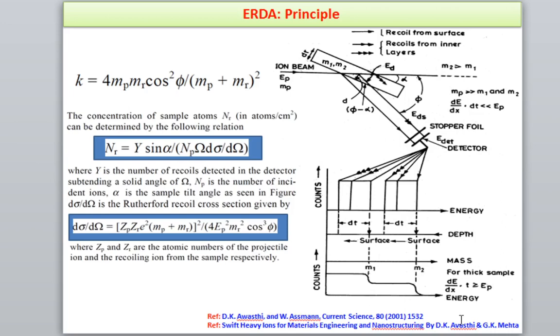It is the same formula; just in place of m1 and m2 I have written mp and mr. mp means projectile mass and mr is the recoil mass.